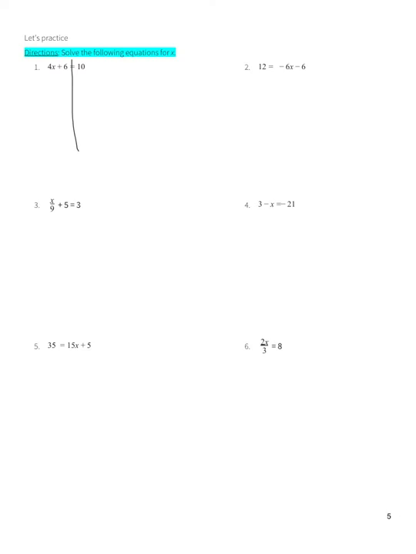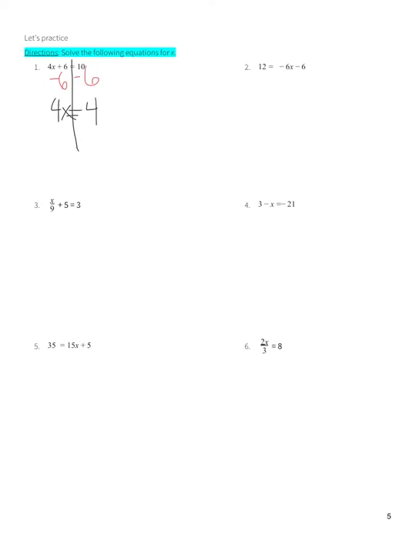I have a plus 6, so I need to subtract 6 from both sides. When I do that, 6 minus 6 is 0, so I'm left with 4x on this side. 10 minus 6 is equal to 4, so I'm left with 4 on this side.